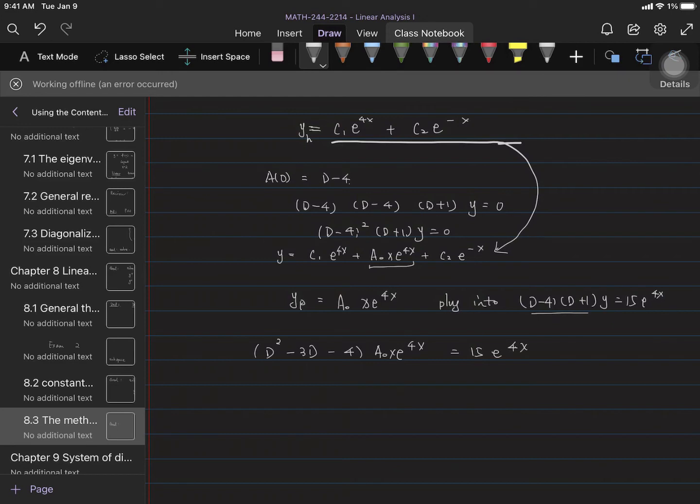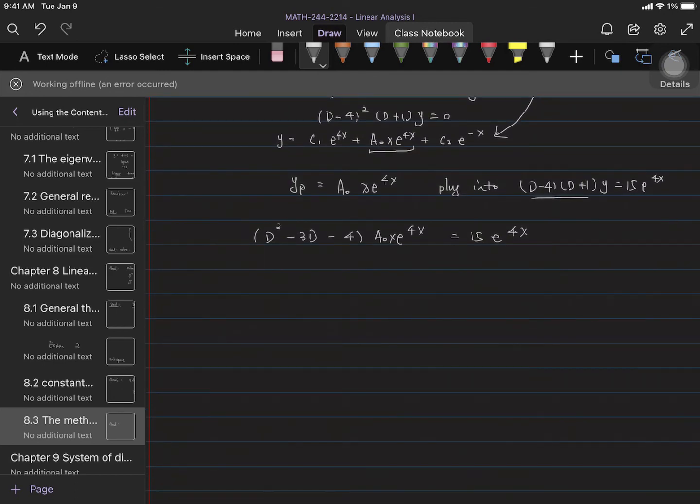And let's do the second derivative of that one. Interesting. Okay, the second derivative is probably hard to find, so let's just find the first derivative. So for a naught x e to the 4x, the first derivative is the product rule. Let's just do this without a naught, maybe that's easier.